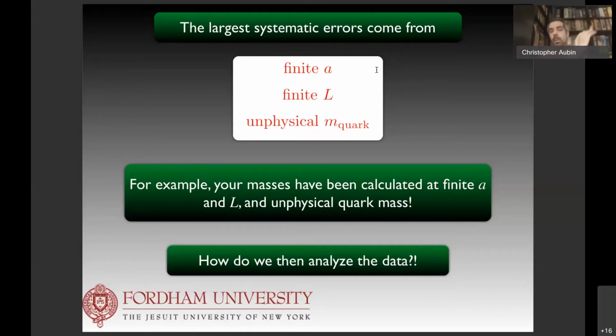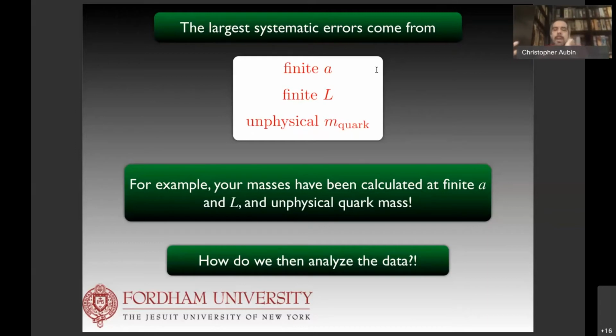And unphysical quark mass. I think the quark masses for those would correspond to a pion mass of around 300 or 400 MeV, so the pion mass was notably heavy. The data you had was also only generated at one quark mass, one lattice spacing, and one volume. So that's another story.